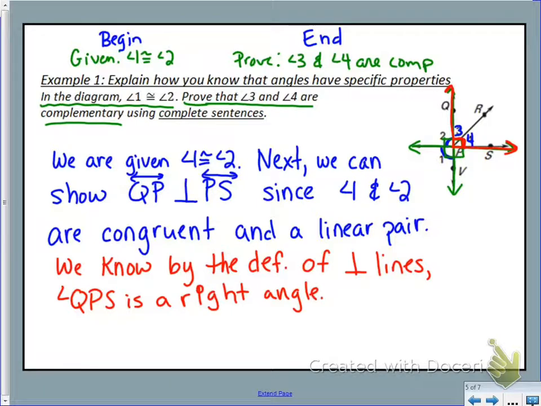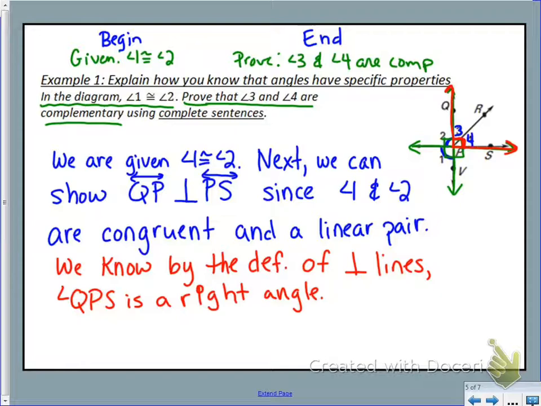Now, when we think about complementary, we need to show that those two angles add to be 90 degrees. So isn't it true that if it's a right angle, that would mean angle QPS is 90 degrees? So essentially, we have enough information to show that angle 3 and angle 4 are complementary.